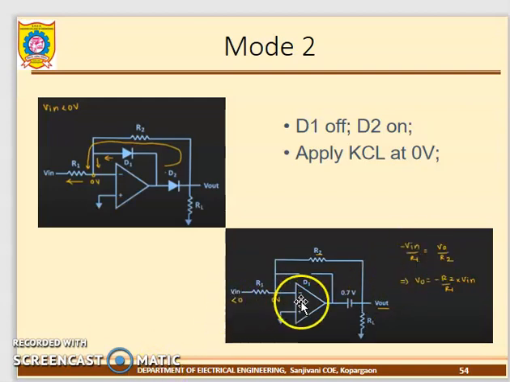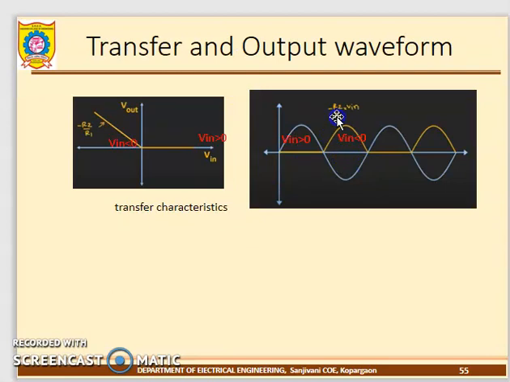V in is connected to the minus, so minus V in divided by R1. The output is V out divided by R2. From the equation, V out equals R2 divided by R1 times minus V in. That's why the minus is coming. So this is the modified precision rectifier.